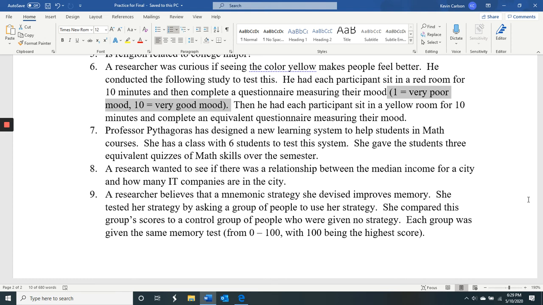And we're comparing that variable with 2 levels within subjects design on an interval variable, the mood in this case. This is a paired t-test. T-tests, we have 2 levels of a nominal variable. We're treating this as nominal, but it's a within subjects design. And we're comparing it to an interval variable, so paired t-test.